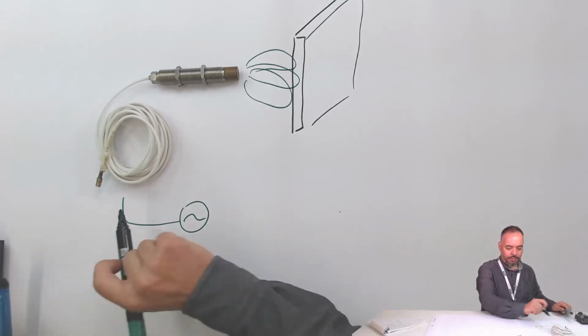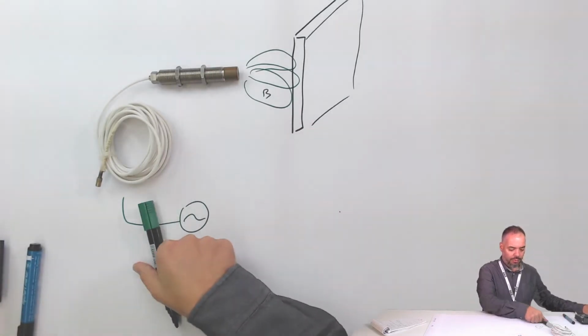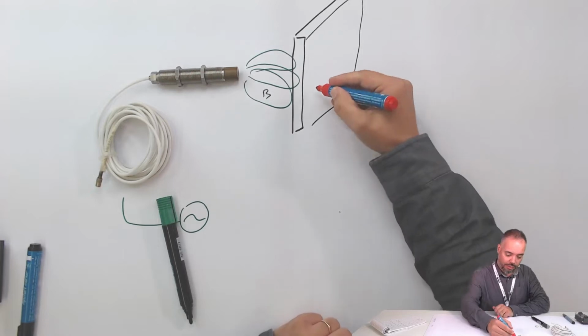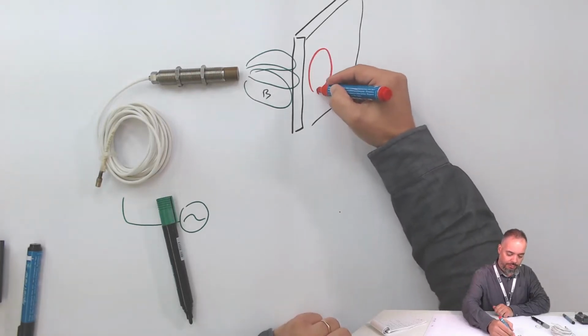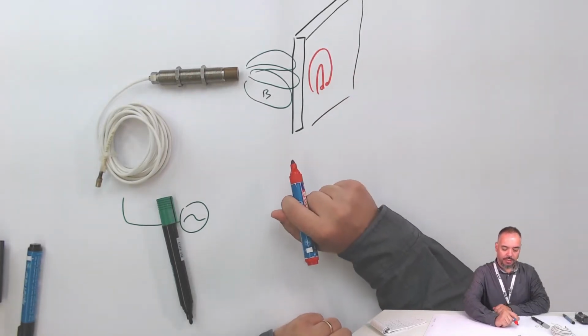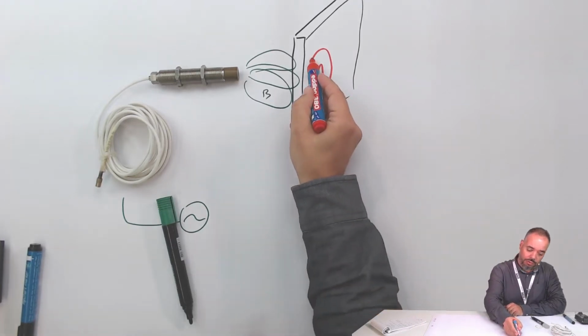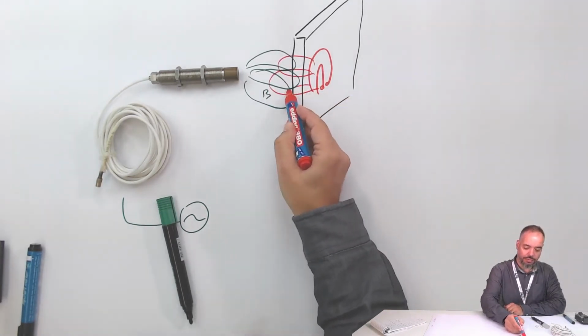This magnetic field will induce currents, eddy currents, in our target. And these eddy currents, by themselves, now they will also generate a magnetic field.